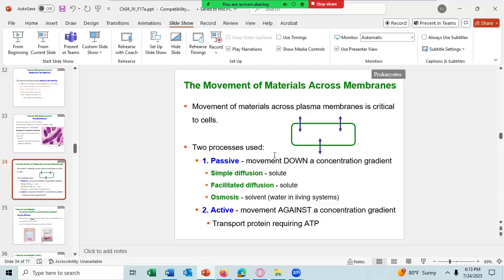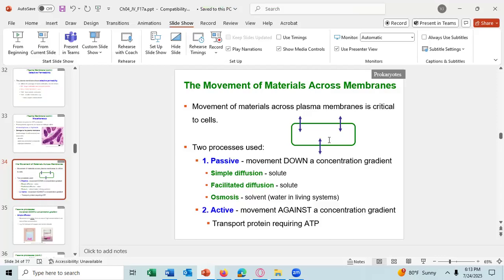In the passive process, the molecule just moves down its concentration gradient. The cell needs no energy expense to move the molecule. And there are three ways that a passive process can happen: by simple diffusion, where a solute simply moves down the concentration gradient; by facilitated diffusion, which is once again a solute moving down its concentration gradient, but the molecule moves across the cell membrane by a protein.